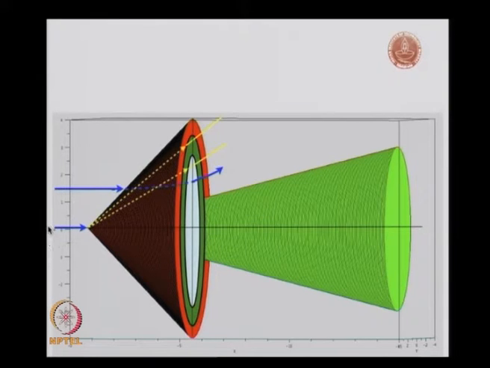When I look at the shock structure through the vertex, it looks like something else. But it is important to familiarize ourselves with the different views of this. So, these points are in 3D space, as you can see.